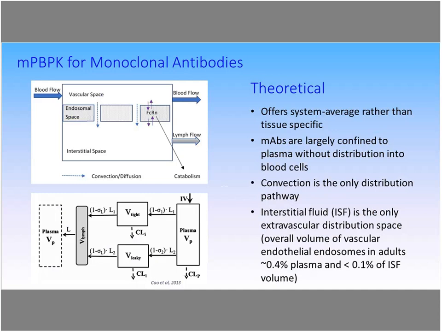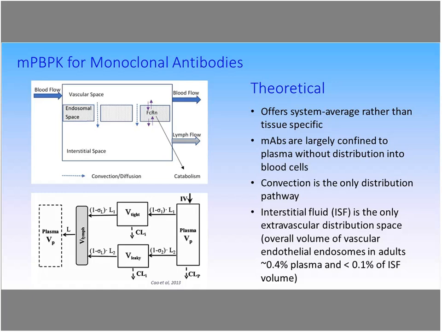The figure on top here provides an overview of mAbs distribution. So mAbs are largely confined to plasma without distribution into the blood cells. This model uses plasma volume as the initial distribution space.